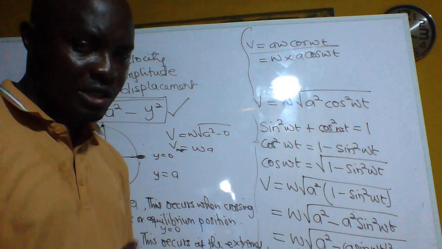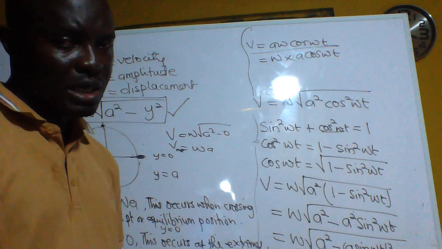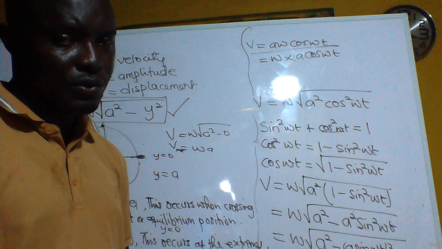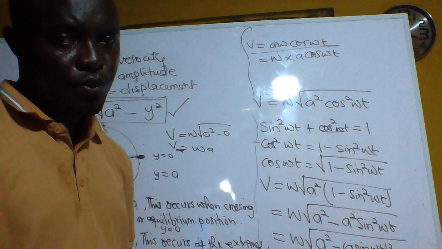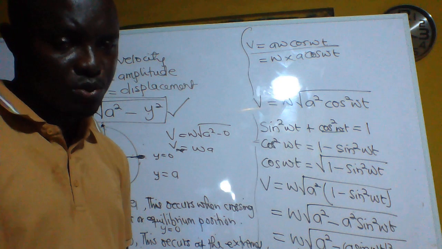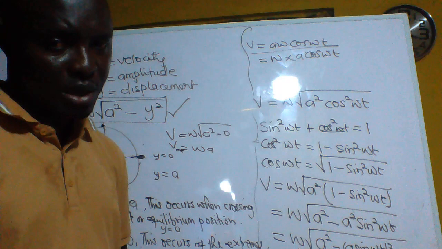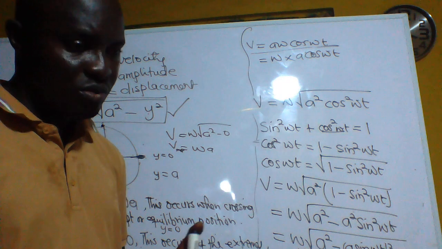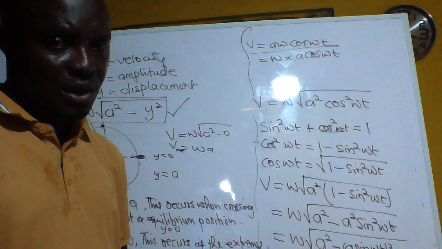So if we have a situation of changing velocity as the object moves, then the object is accelerating. So we'll look at the acceleration function of a body in simple harmonic motion, where it is minimum and where it is maximum, and then we later on look at some calculations therein.